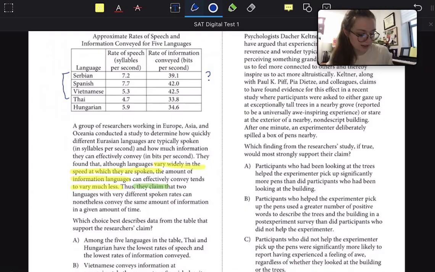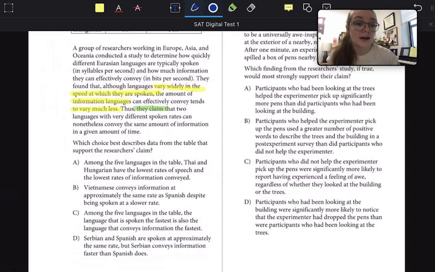All right, so let's take a look now at the actual question. Which choice best describes data from the table that support the researcher's claim? So again, we're looking to support the researcher's claim. This is a very common question, right? They're just saying, researchers claim this, what's the data that backs it up?